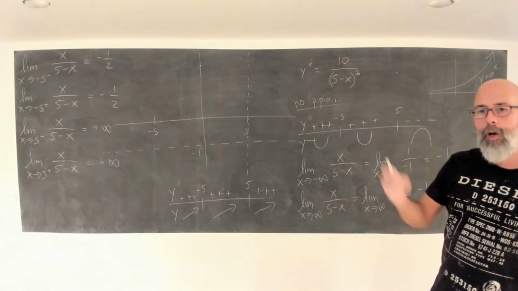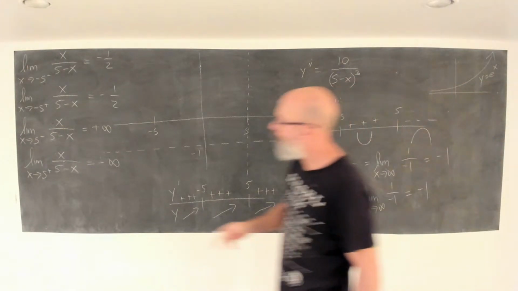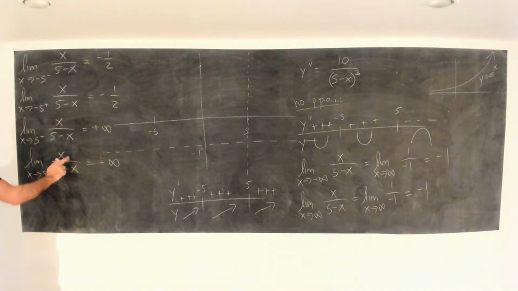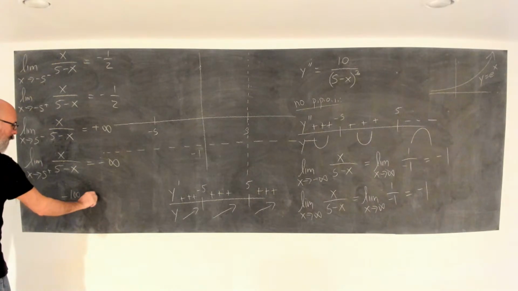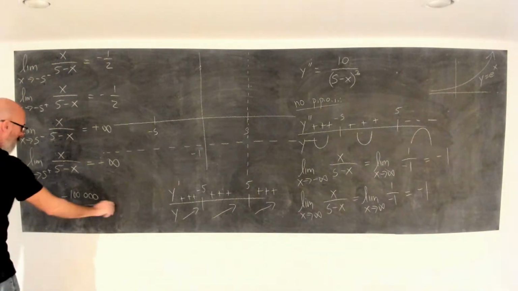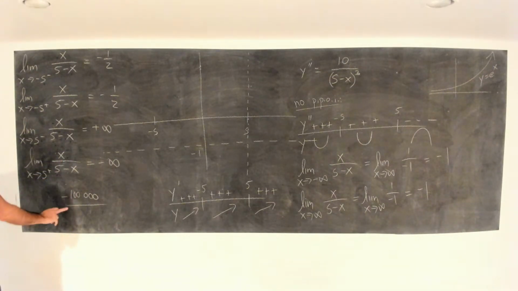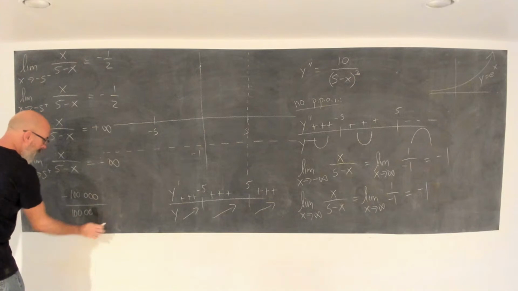Question, are we above -1 or are we below -1? If you plug in a large negative number into this, let's say -100,000, this is -100,000 over 100,005.